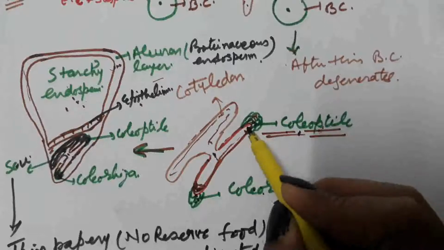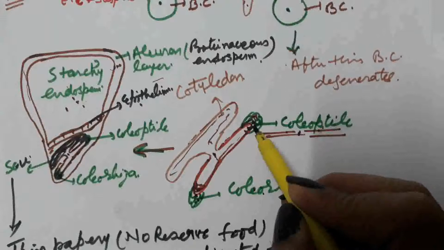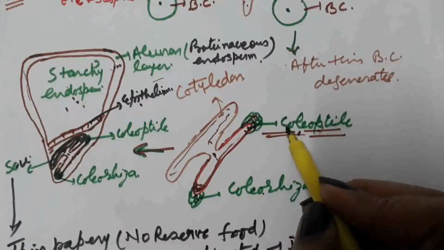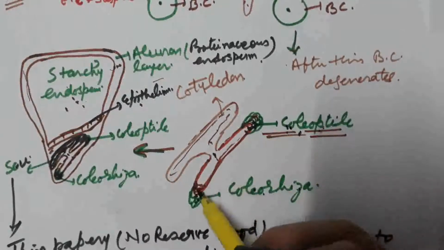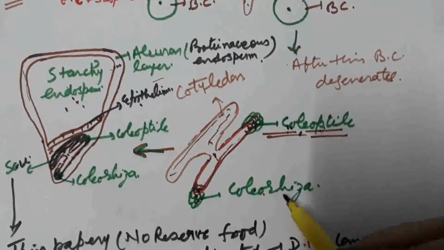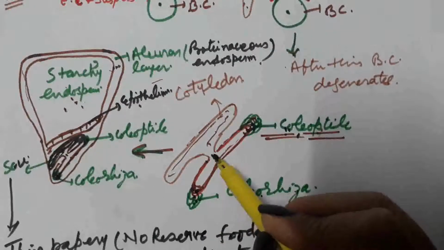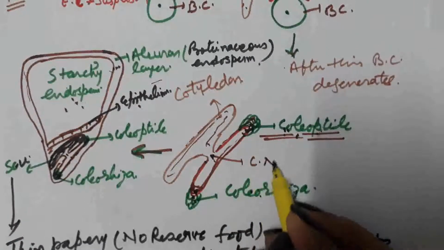On one end, the plumule is covered by the protective sheath, and in case of monocot we call it coleoptile. This is plumule, which is covered by the coleoptile. On the other end, it is radicle covered by the protective covering. We call it coleorhiza. Cotyledon is attached with the cotyledonary node. This is the cotyledonary node.